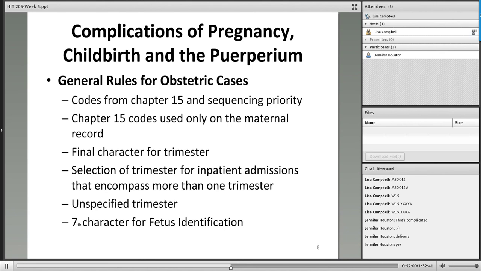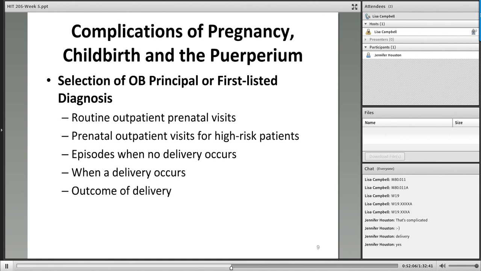Okay, now again, we only have a short amount of time, so I cannot go through each and every guideline, but there's a couple more I want to show you. Routine outpatient prenatal visits. Those are codes Z34. I actually just showed you how to find them. Main term pregnancy, subterm normal.